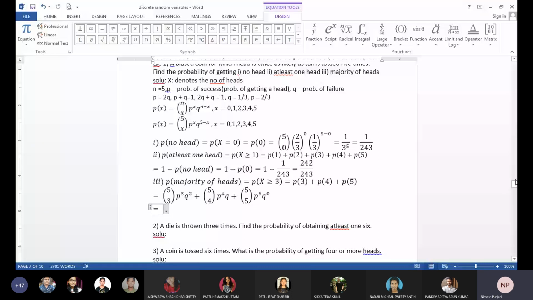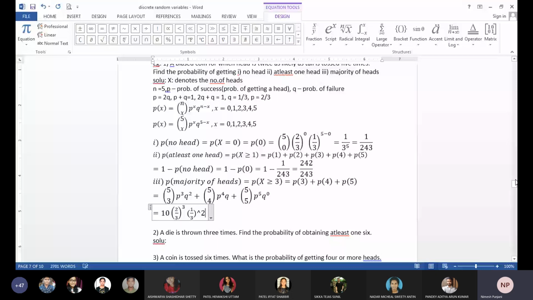So it is 10 multiplied by P cubed. What is P? P is 2 by 3. So 2 by 3 raised to 3, times 1 by 3 squared. Q's value is 1 by 3. So 1 by 3 squared. What is 5C4?